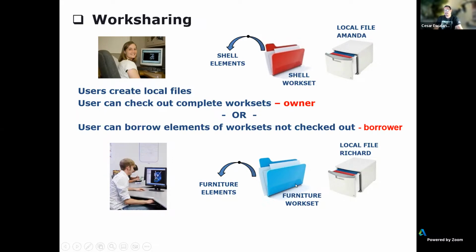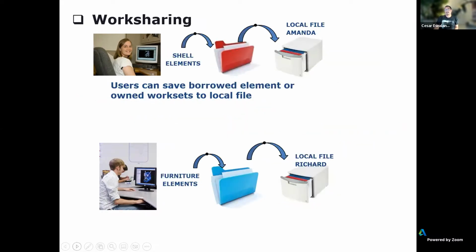Amanda can continue working in pieces of geometry in the furniture work set, but Tim cannot work in Amanda's work set because she owns the entire work set. Does that make sense? All right.